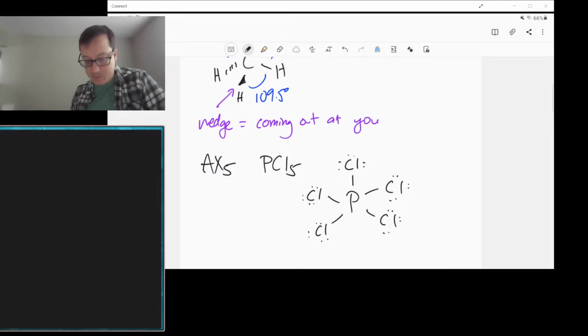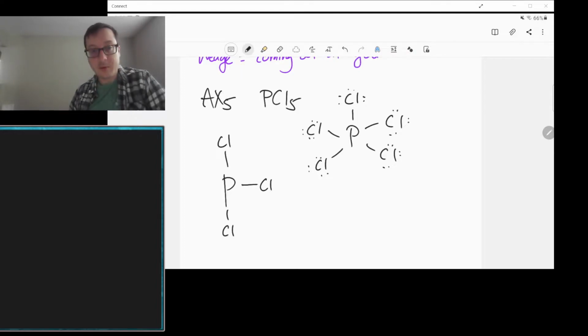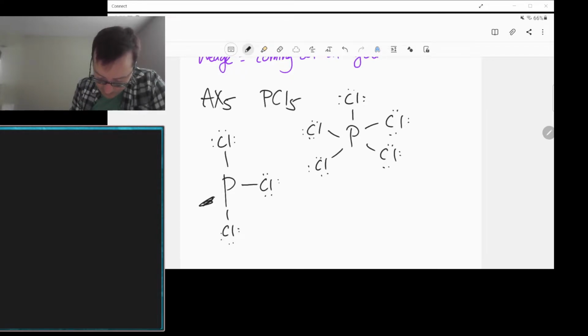We're going to see that the best way to arrange these is actually now going to have different angles between them. There's going to be only one way to do this nicely, and we're going to see that they'll have three of them, three of our chlorines kind of all in the same plane as each other. And then we're going to also have a wedge and a dash.